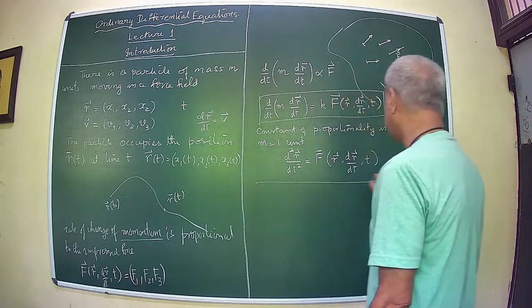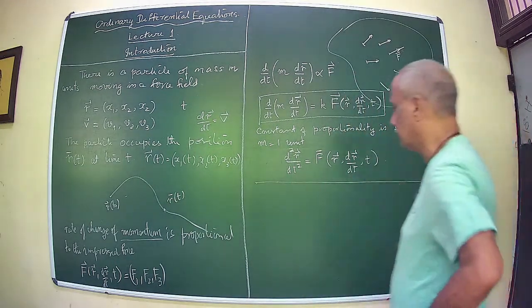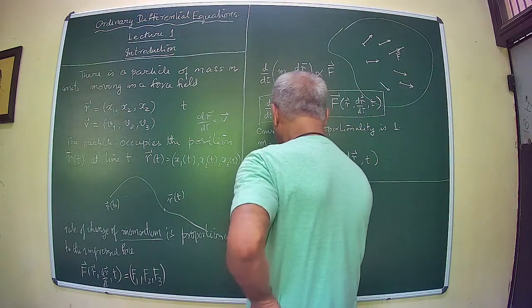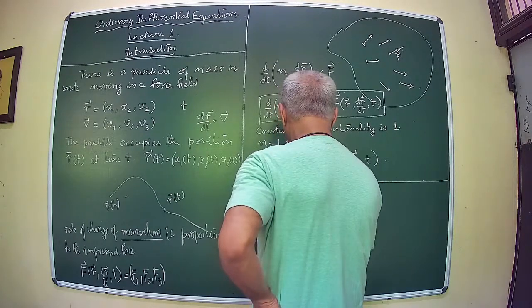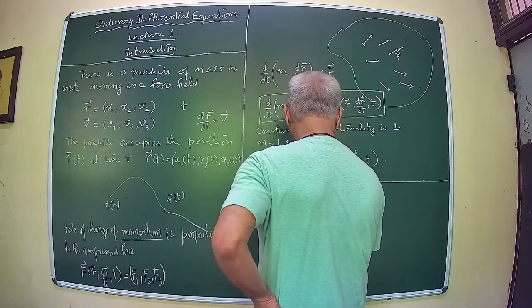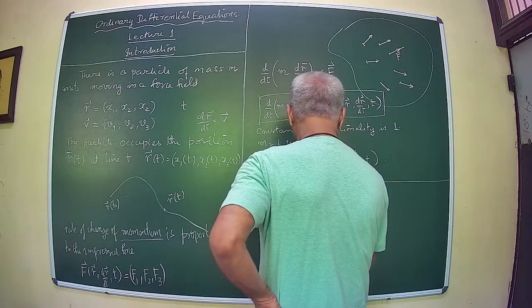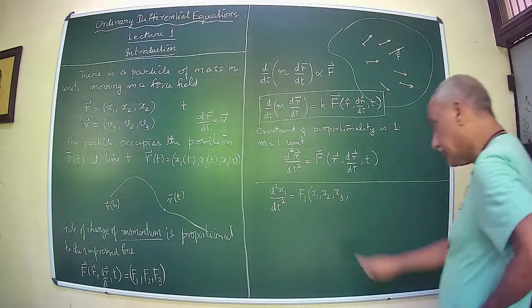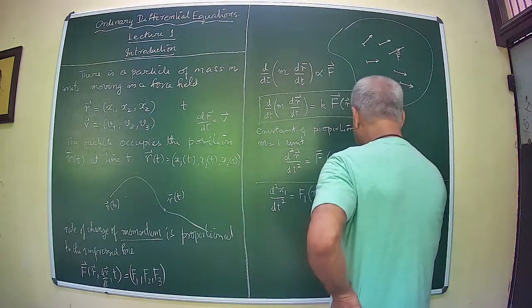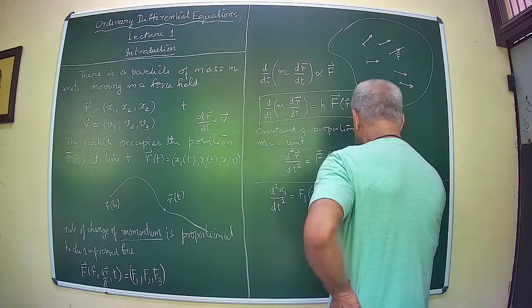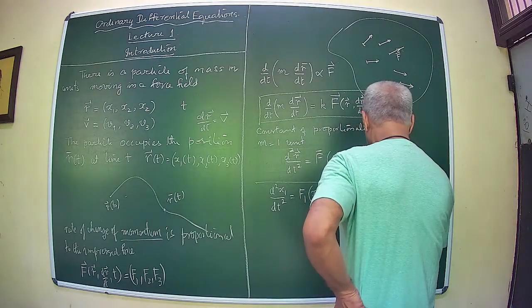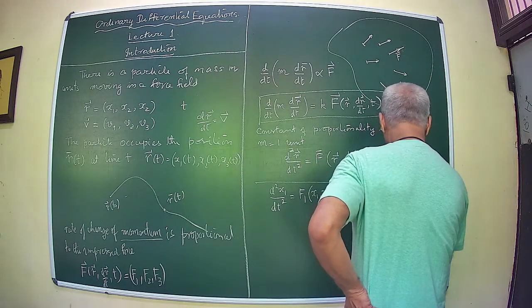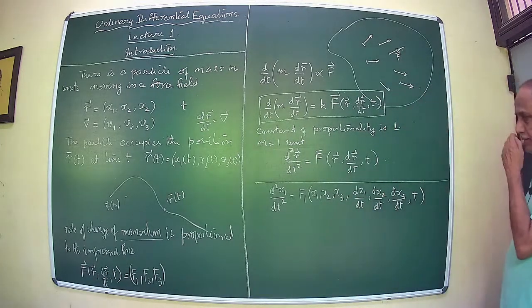Therefore, if you go for the scalar form of this equation, this is what you end up with: d2x1 by dt2, and so on. These are the scalar valued functions which are the components of r. They are unknown functions, and t is the independent variable.